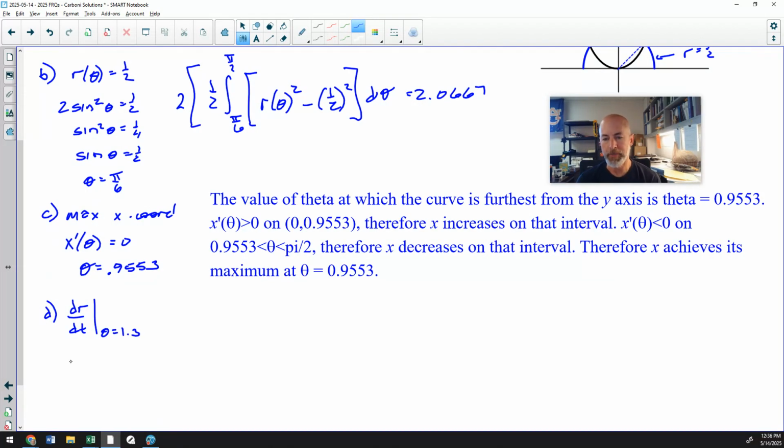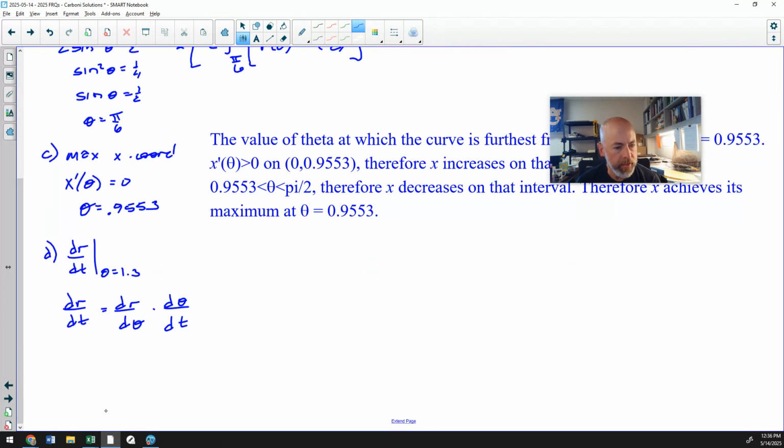Okay, well, if r of theta is, I don't need the expression. I was debating whether to write the actual equation. So dr dt is the same thing as dr d theta times d theta dt, and at theta, do they give me a t?